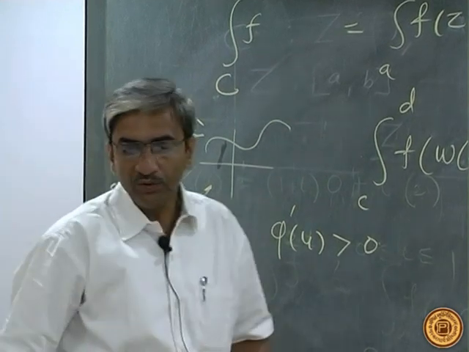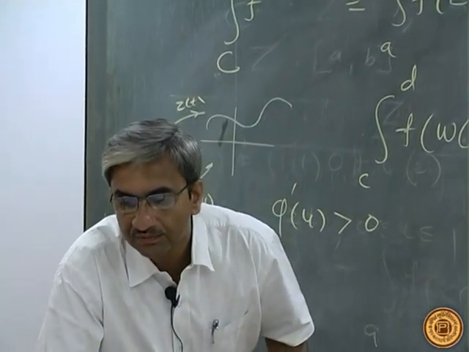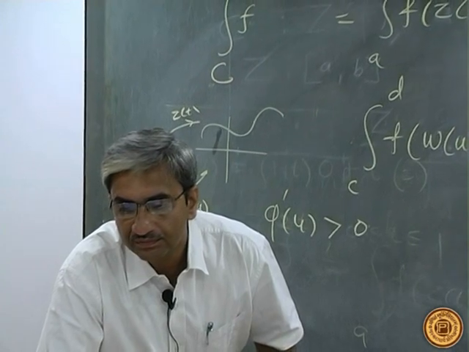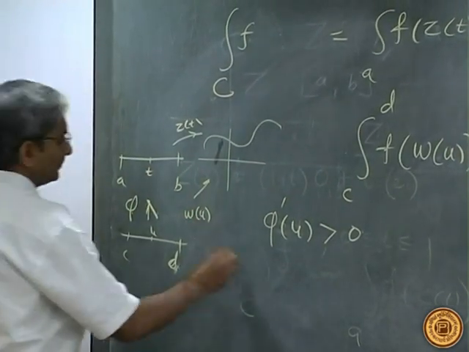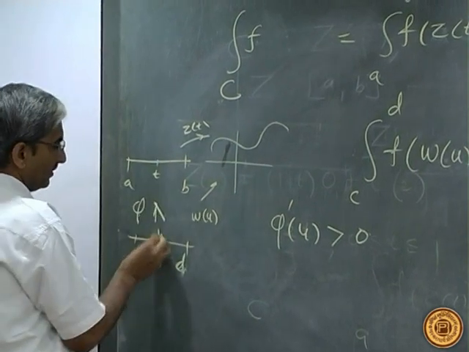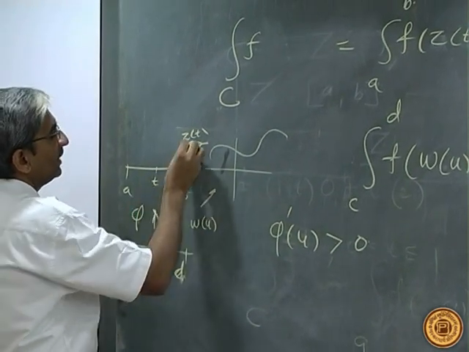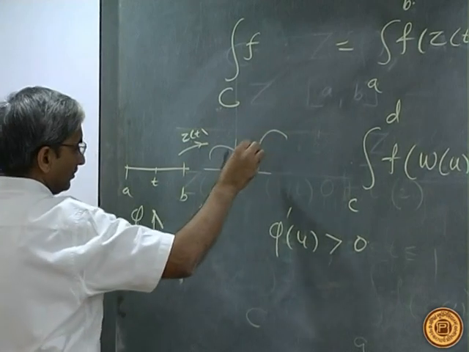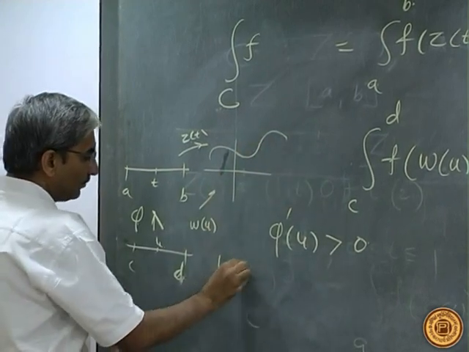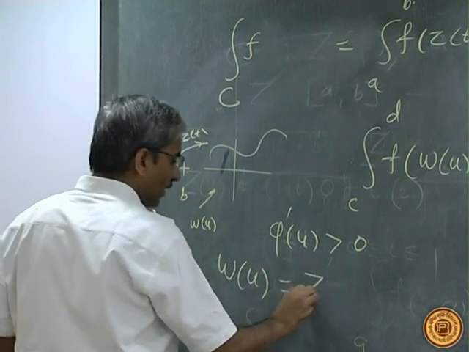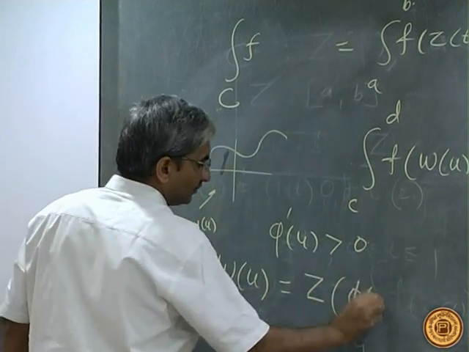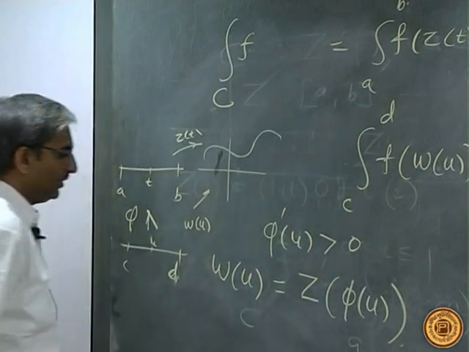And phi(u) equals t actually. So phi of u is t, and then you may apply z. So w(u) is nothing but z(phi(u)). Have you understood?